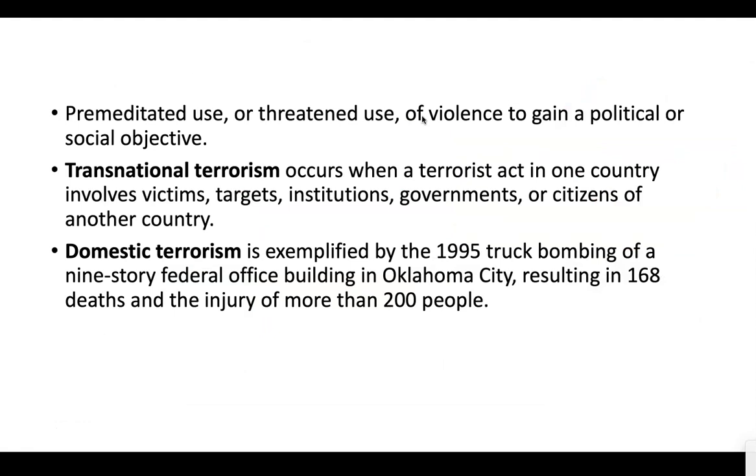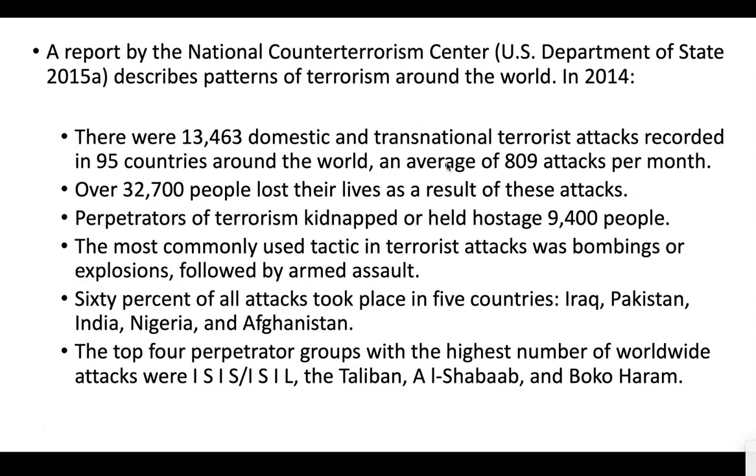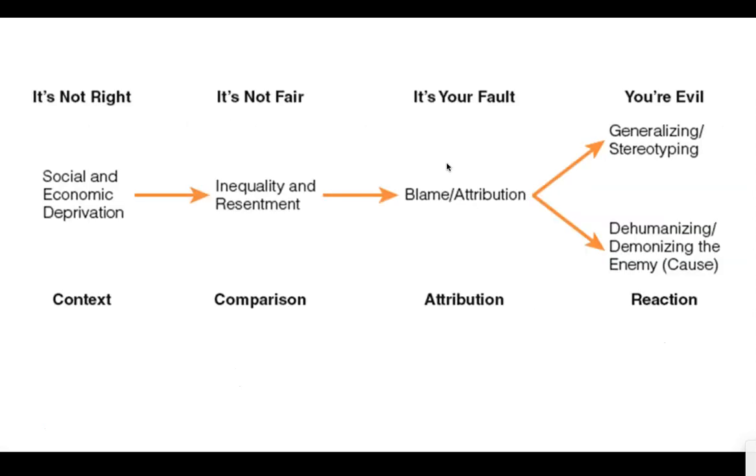As I said, we'll probably talk about terrorism more on Monday, but just to go over this, transnational terrorism looks at terrorist acts between different countries. Domestic terrorism would be January 6th, the attack on the Capitol, where it's coming from within the society. You can read this on your own time. I'm not going to go over this in detail.